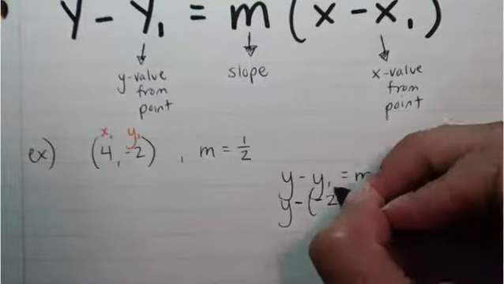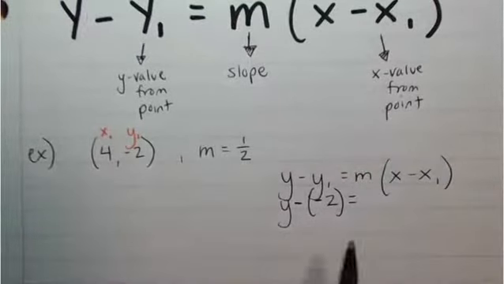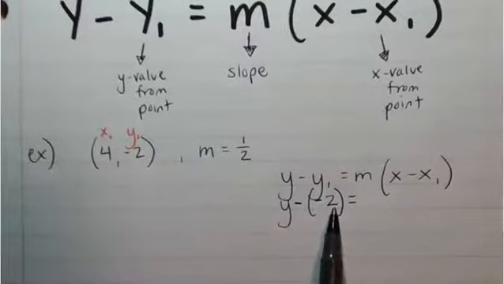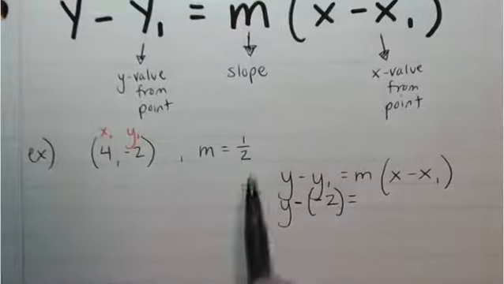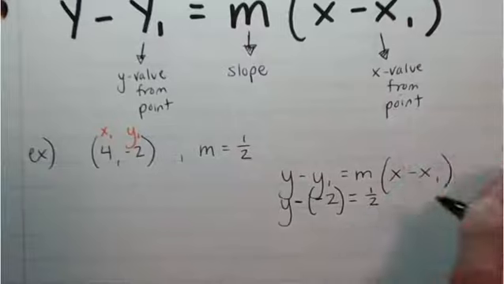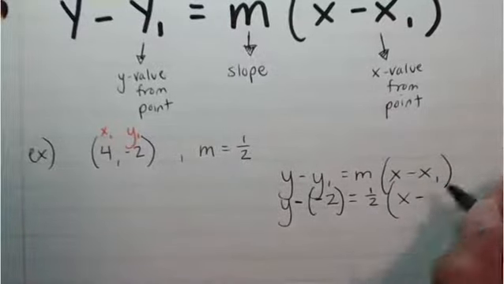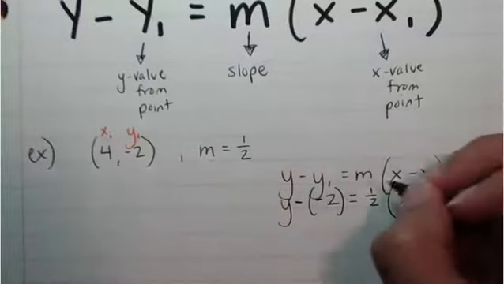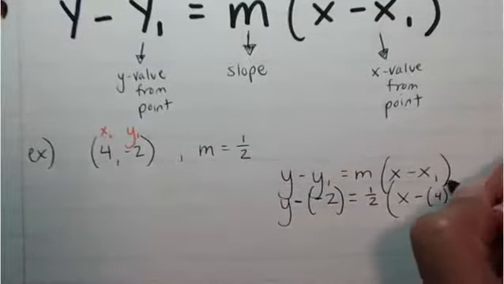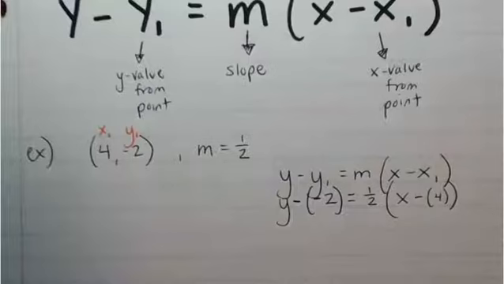Now whenever I plug anything in, I use the parentheses. So I have y minus negative 2. m is my slope, which is 1/2. And the x comes down. x minus my x1 is 4. So it should look like that.